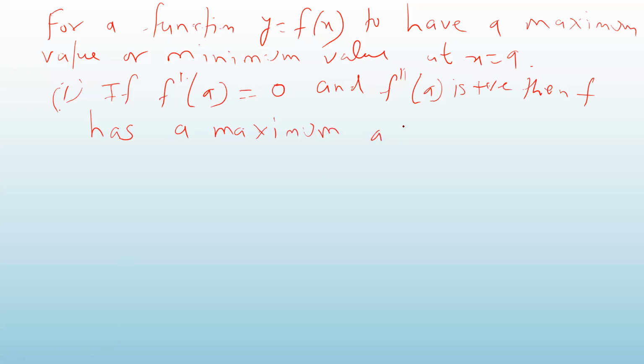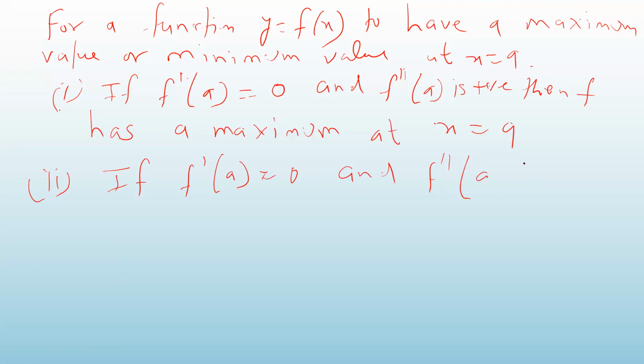And the second one: if f dash of a is 0 and f double dash of a is negative, then f has a minimum value at x equal to a.